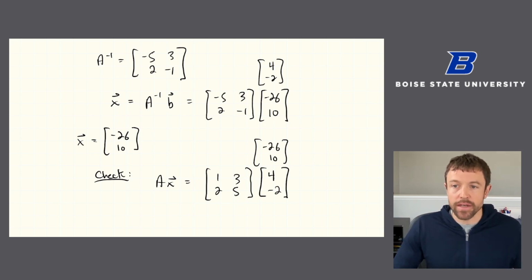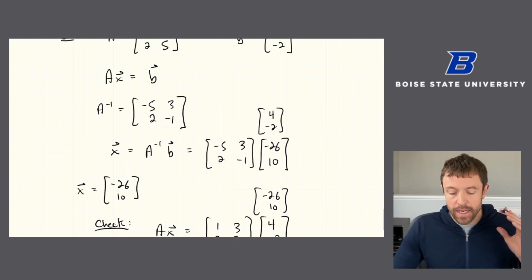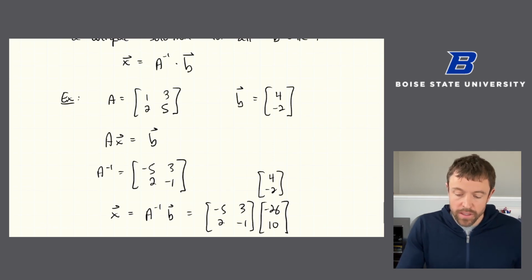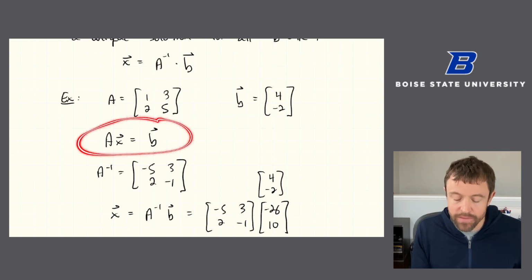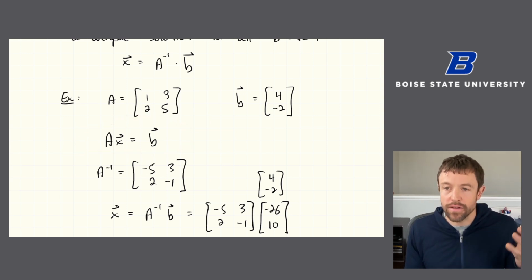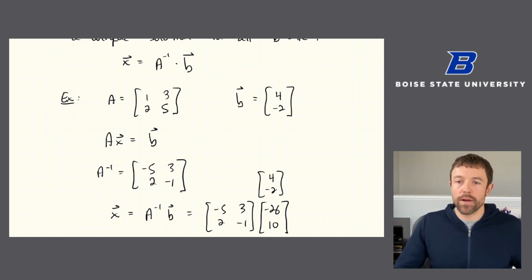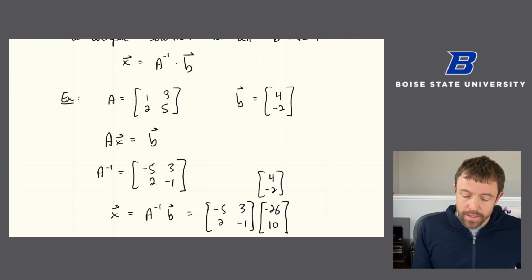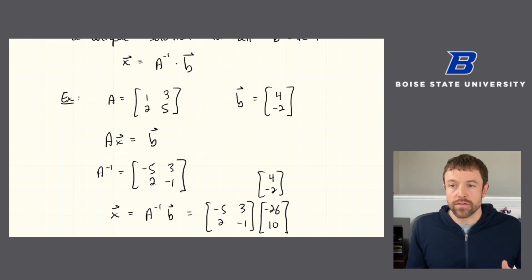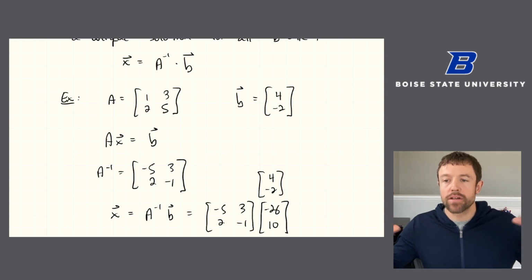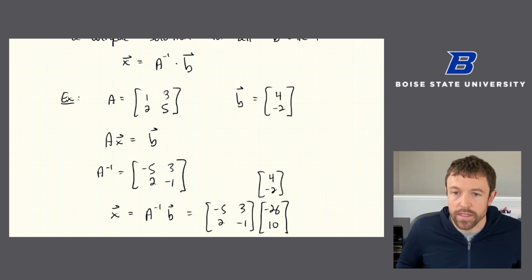And the value here is that you might say, look, we already knew how to solve this system. We've been solving systems of equations since literally the first week of the course. Why do we need a new way to do it? This allows us to solve a system much faster, especially as our systems get a lot bigger, with more variables and more equations.